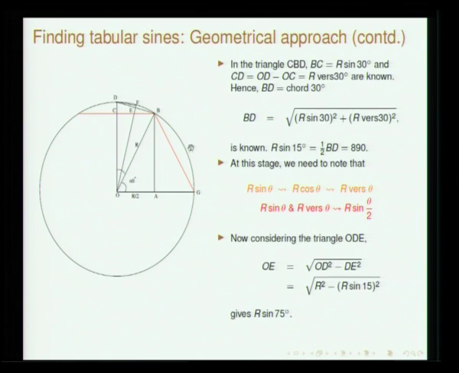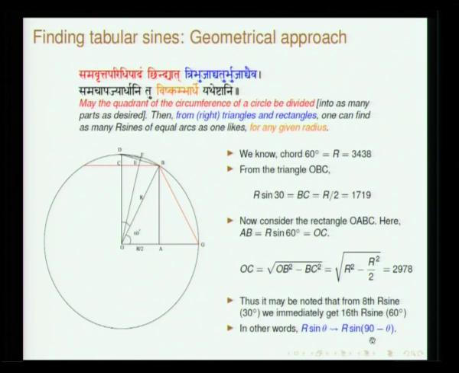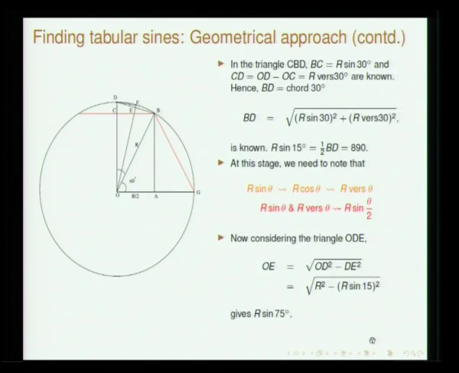Then since 30 is known, you also know verse 30. This verse is basically R minus R cos theta. See, sin 90 minus theta is basically cos theta. So, R minus R cos theta; see in this diagram, OC is basically cos theta, the cotija, and CD is the shara.